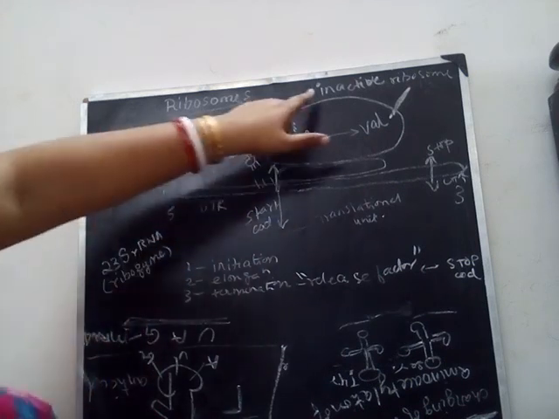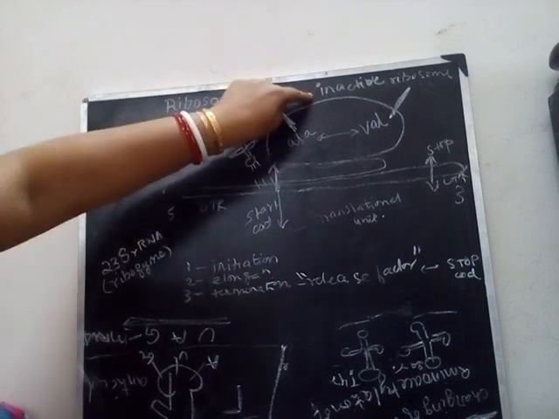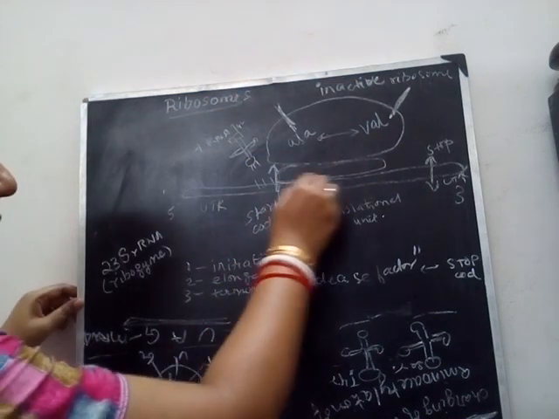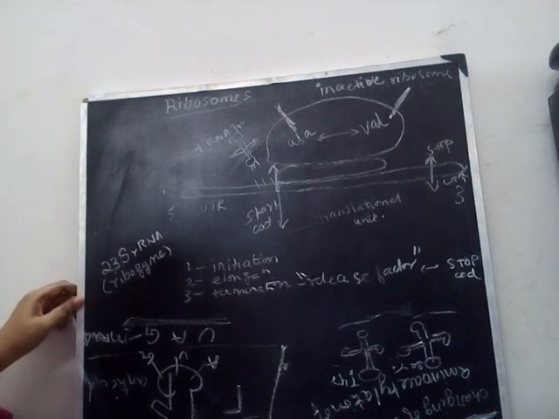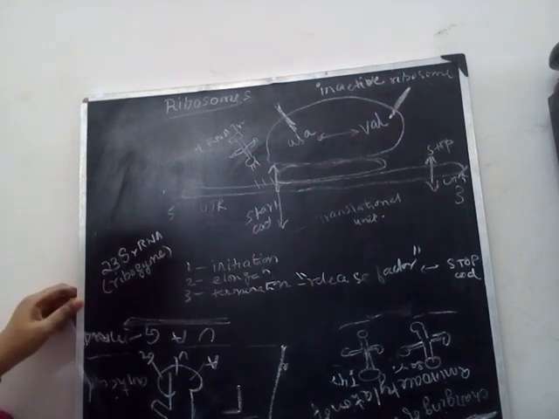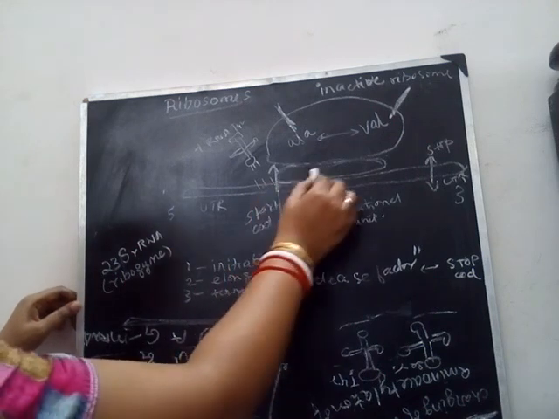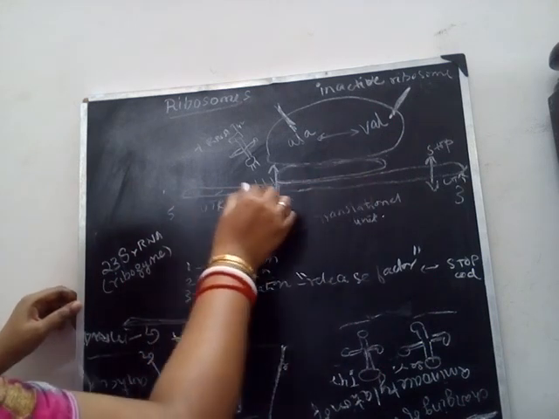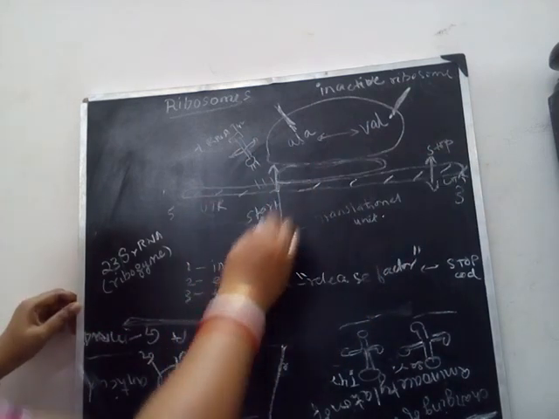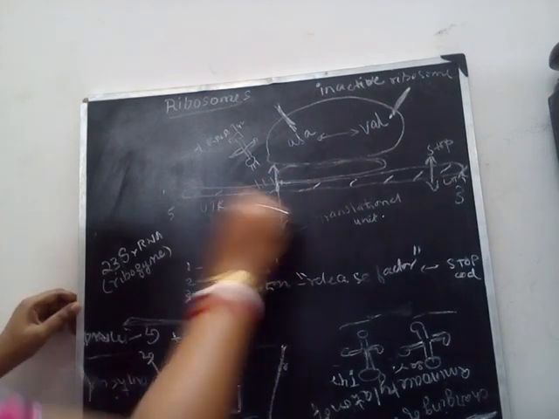A ribosome in its inactive form will exist as two units: a smaller subunit and a larger subunit. The smaller subunit will get attached to the messenger RNA at the start codon.